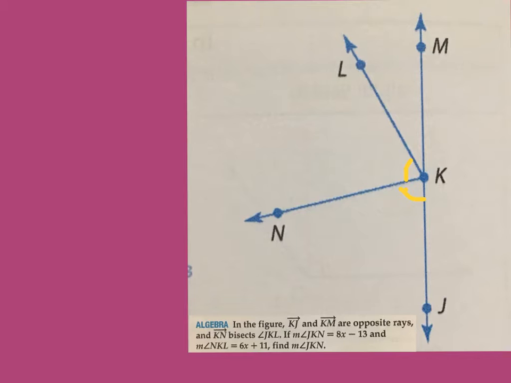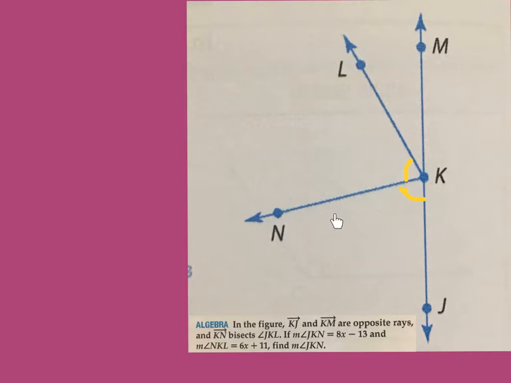Let's start here. I've already done a little bit, where KN bisects JKL. So because I know that KN bisects JKL, I put these little marks here to remind myself that these two angles are going to be the same. Now let's read on. Angle JKN is equal to 8x minus 13.